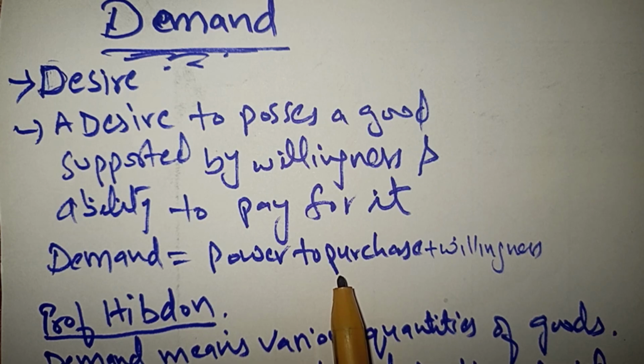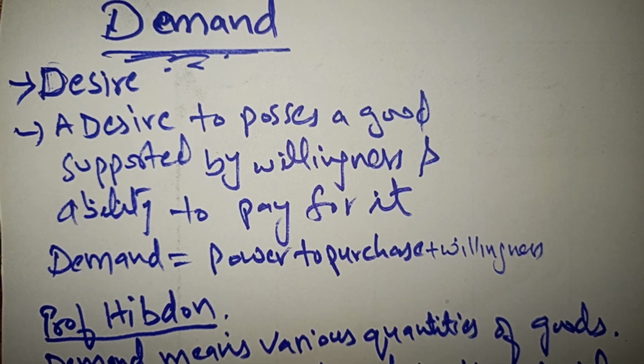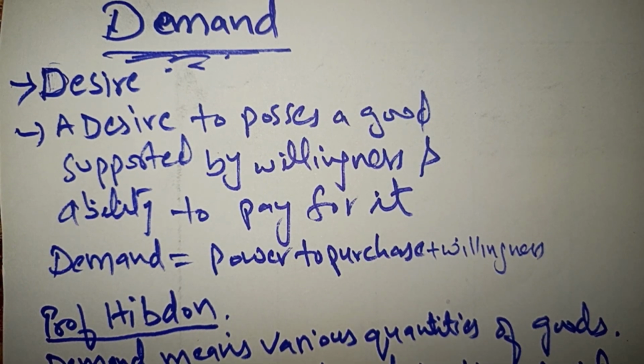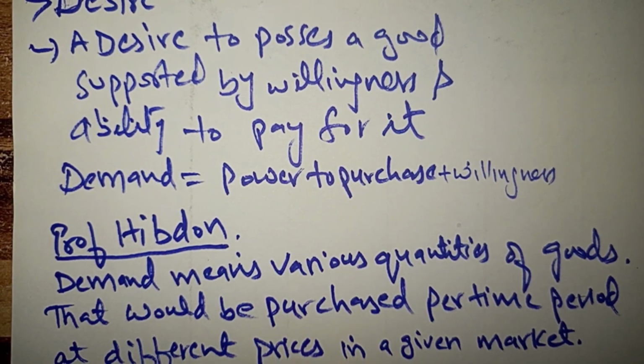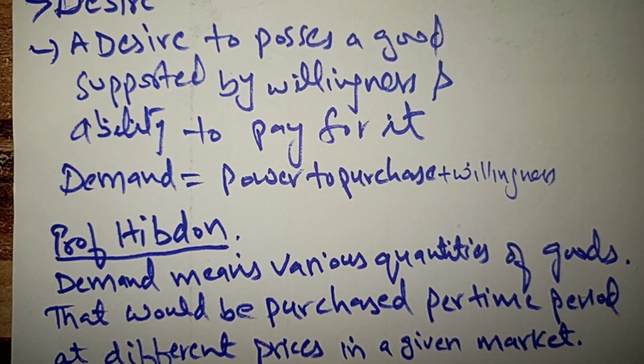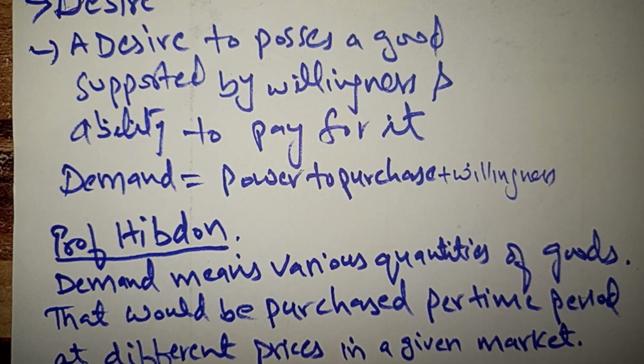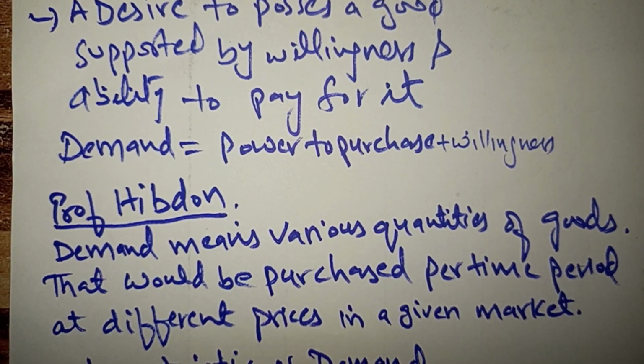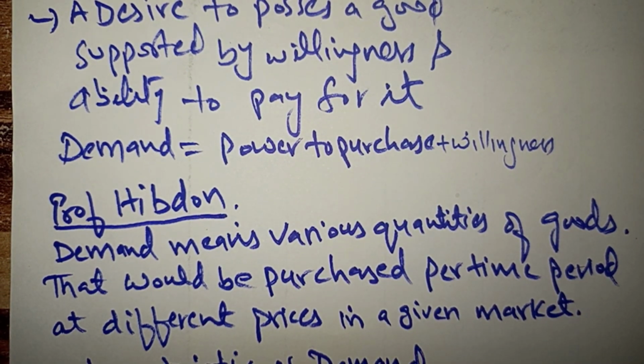Professor Hebden described that demand means various quantities of a good that will be purchased per period of time at different prices in a given market.